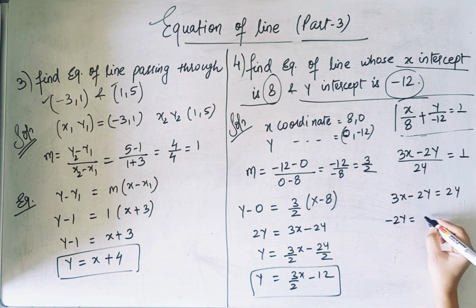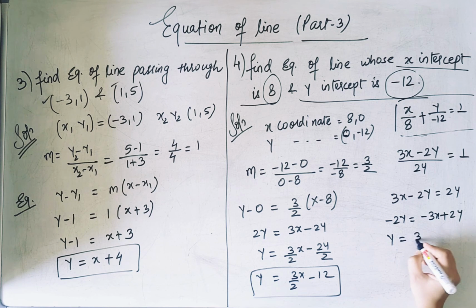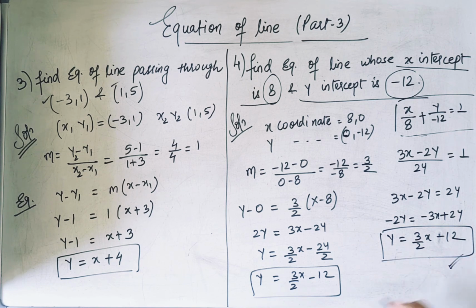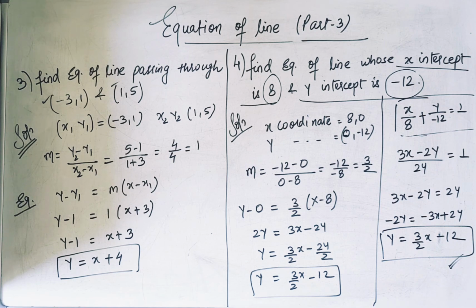Minus 2y equals minus 3x plus 24. We'll divide everything by minus 2. So we'll get 3 by 2 x, and here we'll get minus 12. So this is the required equation of the line. There are two methods to solve this. The one which I have told, the direct method, we assume this to be a and this to be b, and then we can find the equation of a straight line.